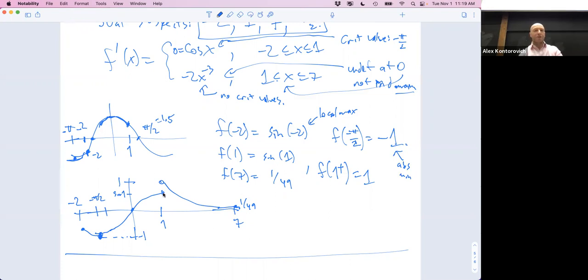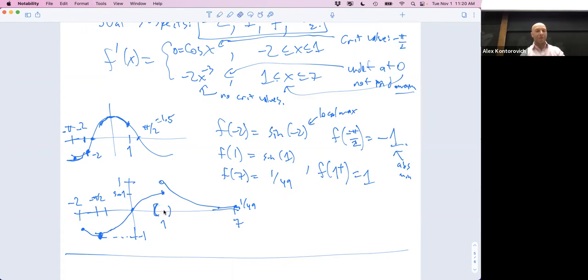How about sine of 1? Absolute max? Local max? Local max means there's an open neighborhood around it. And this is why we want open. Because if I took a closed neighborhood, I could take a closed neighborhood that includes this point at the end point, and then it would look like a max.